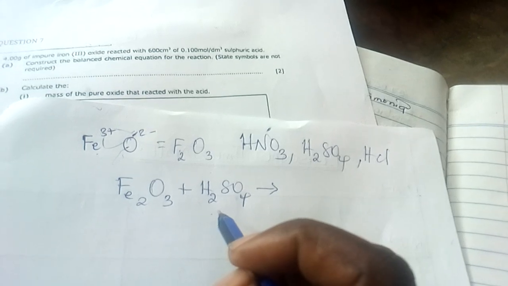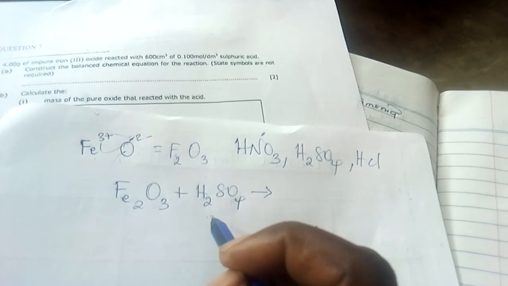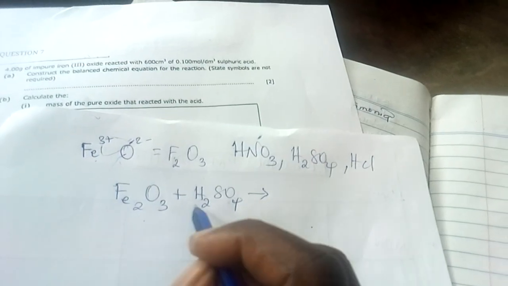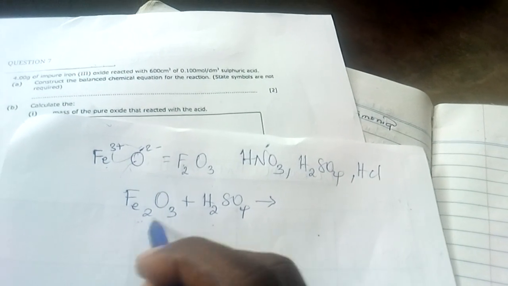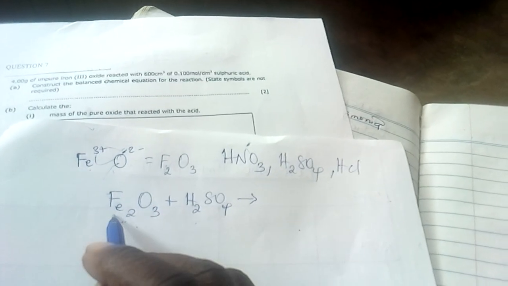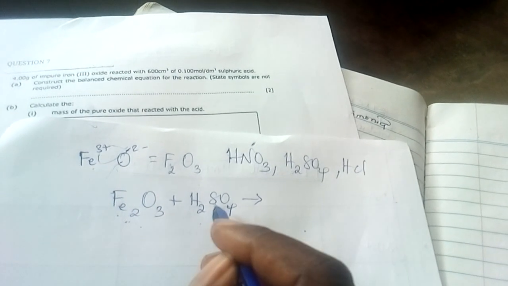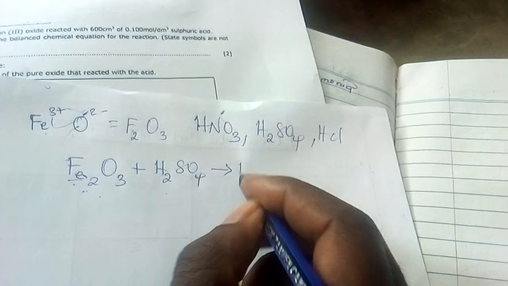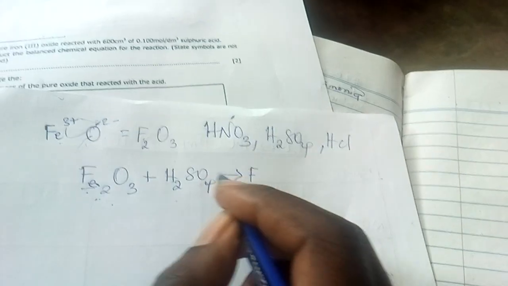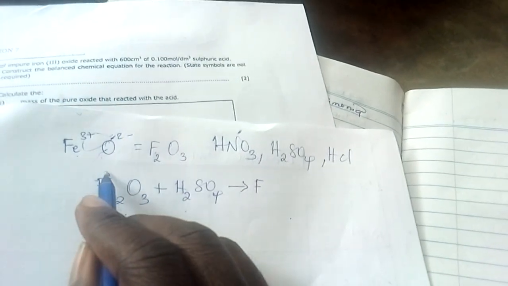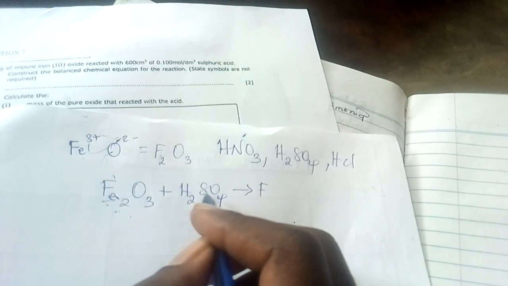Always remember that this is a neutralization reaction, which means we expect water to be formed, so it will be iron sulfate plus water. This iron becomes iron sulfate, but it will be iron(III) sulfate because we reacted with the 3 there. So the 3 on iron(III) will go on the sulfate.